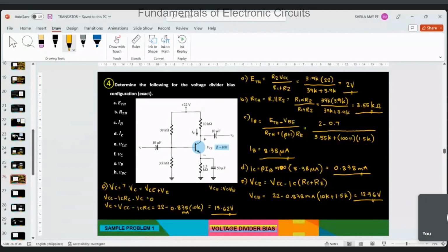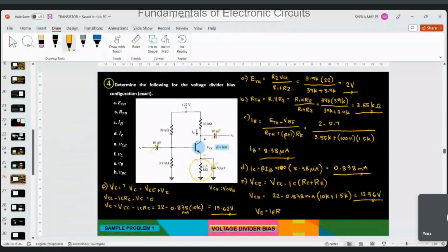Okay, now for the VC class, as you noticed here, VCE plus VE. Now sa atong VE class, di ba? Don't mind the capacitor. As I've told you earlier, pwede ta maka-ohms law ni VE, right? Because VE is standalone terminal here. Di na siya moagi og lain pa nga terminal. Now to ohms law, VE is equals to IERE. But in here, ang IE na to is equal to IC, right? ICRE.